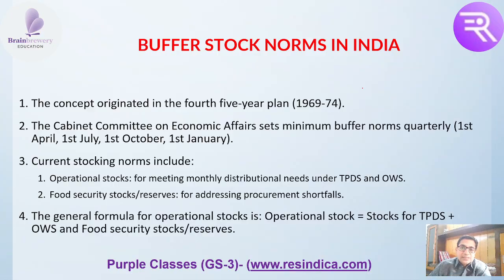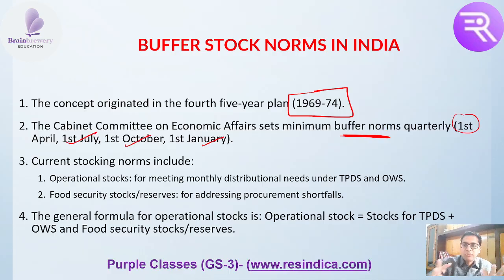We have already discussed that this came in 1969 to 74. The Cabinet Committee on Economic Affairs sets the minimum buffer norm quarterly: 1st April, 1st July, 1st October, and 1st January. Every quarter they specify what type of buffer stock, and how much, you have to maintain. In the current stocking you have certain criteria: operational stock and food security stock.